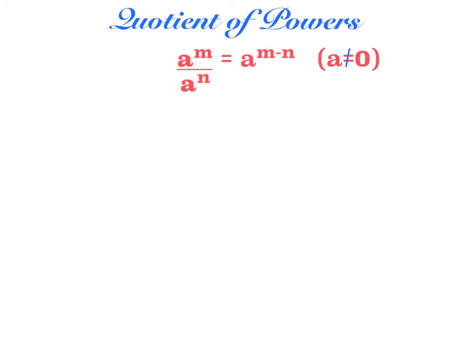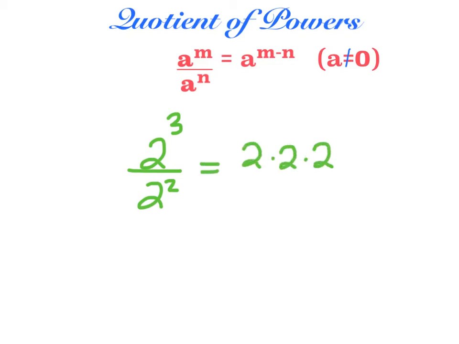Here we have our quotient of powers property. If I take two numbers and divide them, then I can subtract my exponents. So if I were to take 2 cubed and divide it by 2 squared, think of this as 2 cubed is 2 times 2 times 2, and 2 squared is 2 times 2.